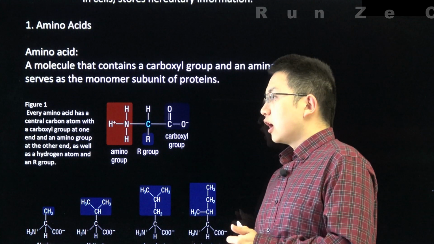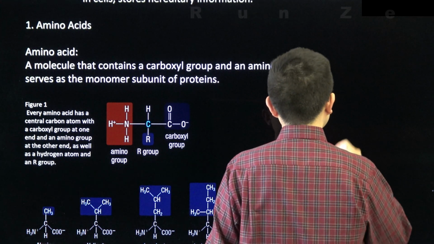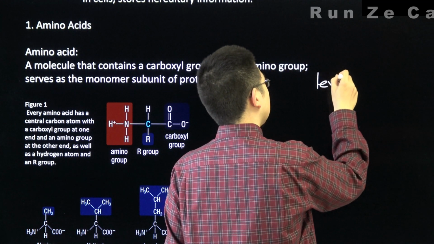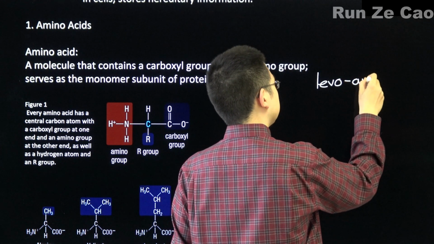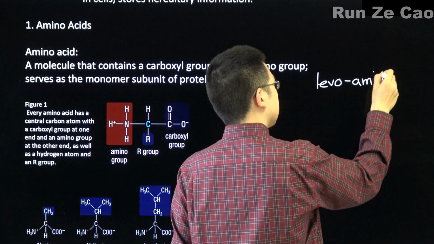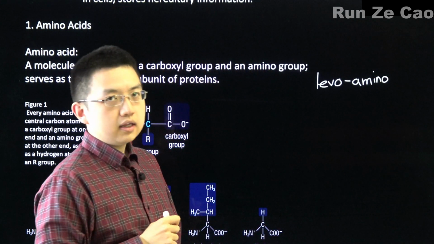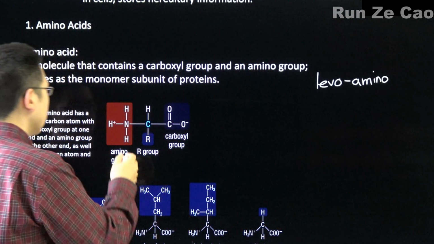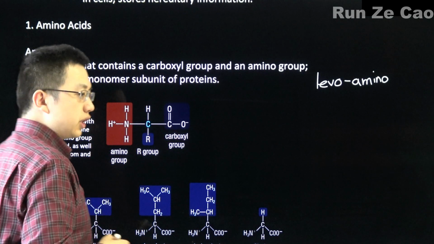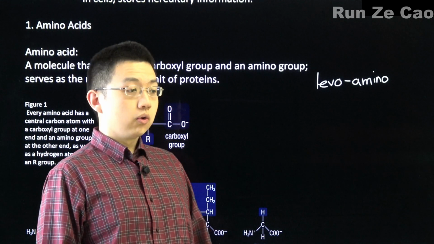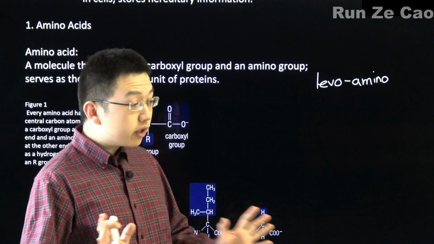So, humans are considered level amino. What this actually means is the fact that, hey, these four groups are not the same. Whoa, no two of them are the same. What does that mean?